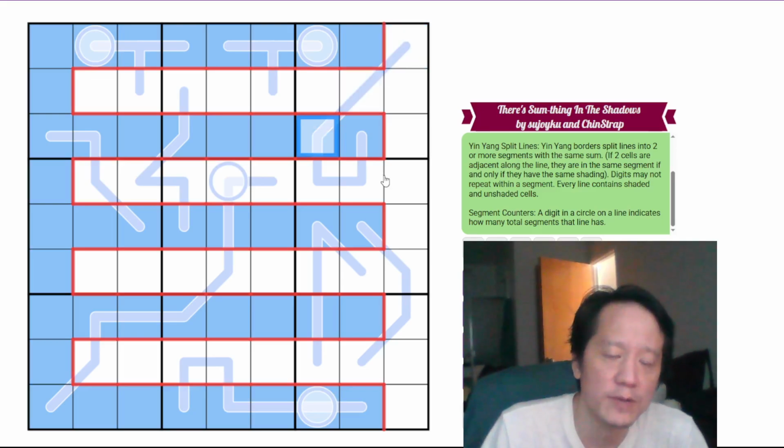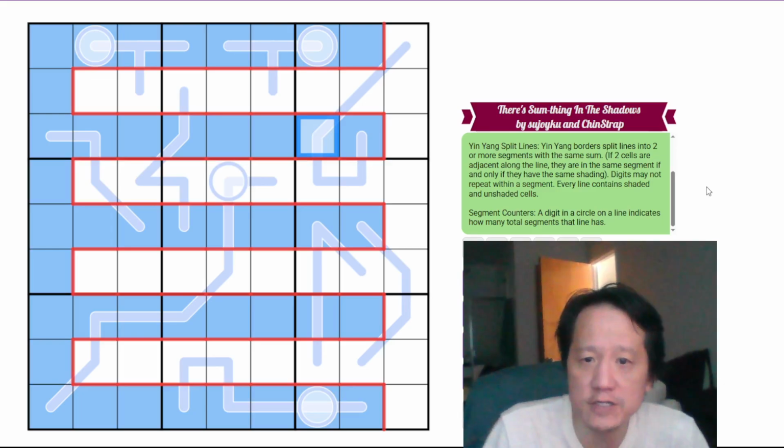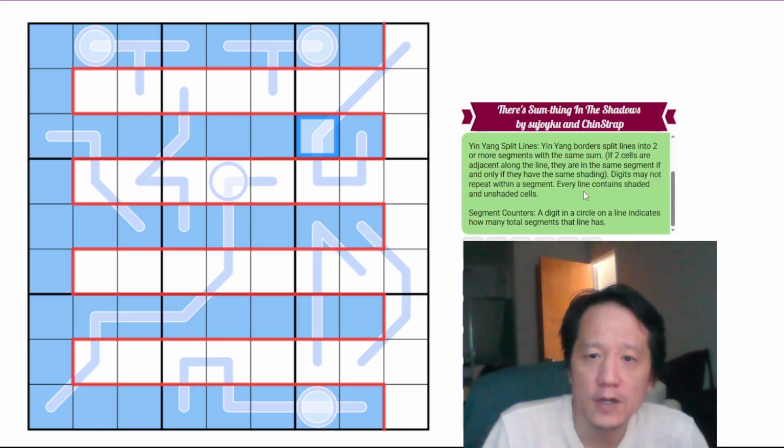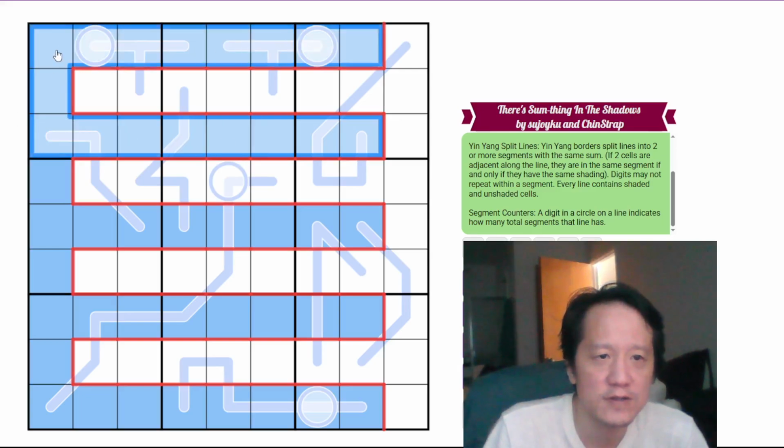This would be a shaded segment. Oh, I've just realized something. It doesn't really matter which direction you have shaded and unshaded, right?